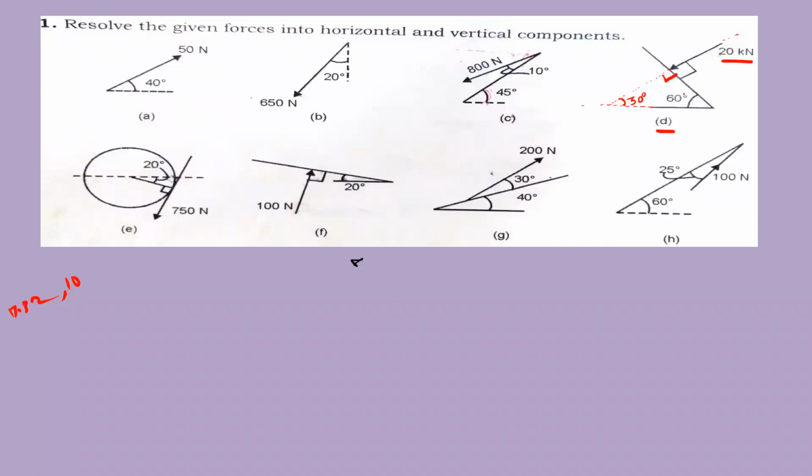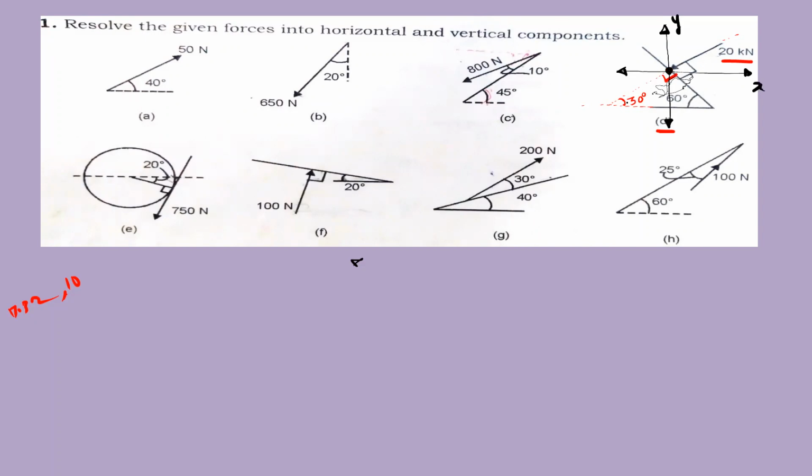Now you can draw the x and y axes at this point. I will draw the vertical line, so this line is the y axis. And draw the horizontal line, so this is the x axis, and this is the origin.